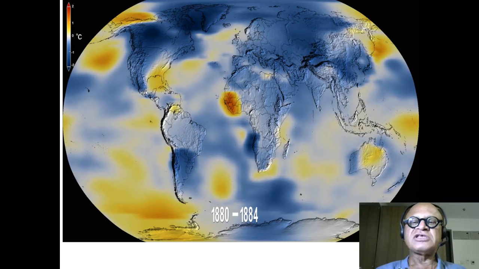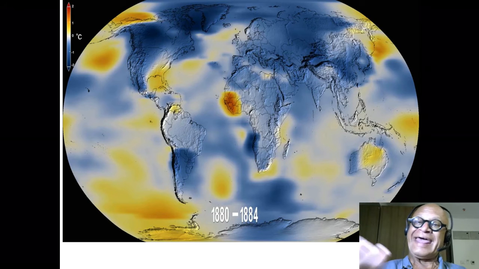But here you can see that there were already some places that were warmer, like Africa, North Pacific, parts of the Arctic, and parts of the Southern Ocean, and so on. So this was just the beginning. We were already into the Industrial Revolution. Little Ice Age was hiccuping to an end.